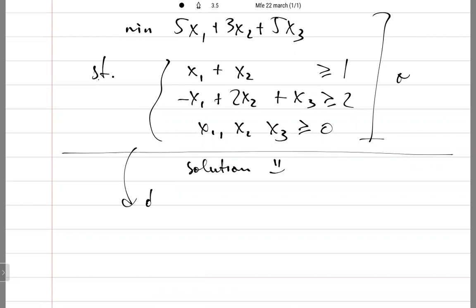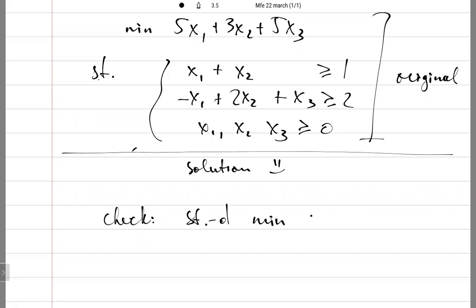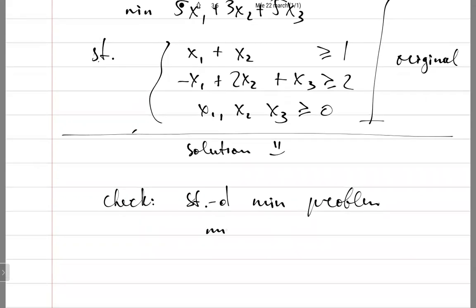Okay, that's the original problem. I see that it is a standard minimization problem. So what should I check? I check that it is a standard minimization problem: I am minimizing C transpose X, given that AX is greater than or equal to B, and all X1, X2, X3 are non-negative.